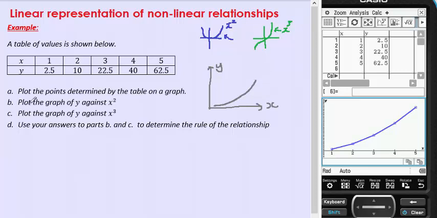As parts B and C ask, is it an x squared or an x cubed relationship? We don't know. So I'm going to do part B, plotting the graph against x squared, and I'm going to transform this information exactly the same way as I did when I did my transformation of data.